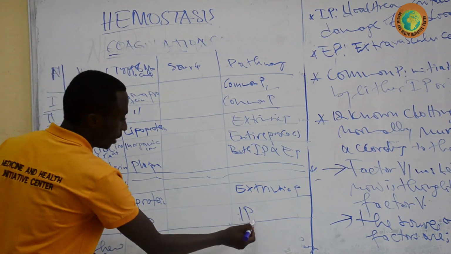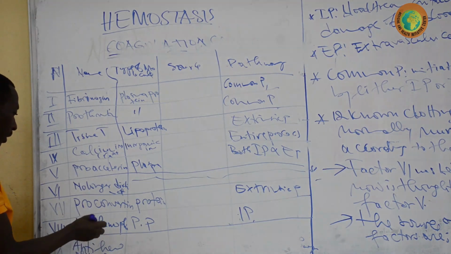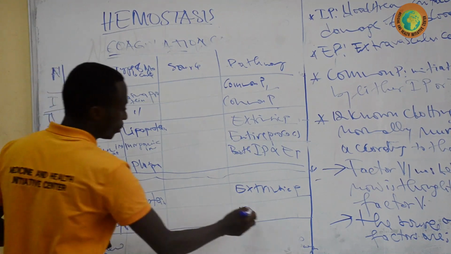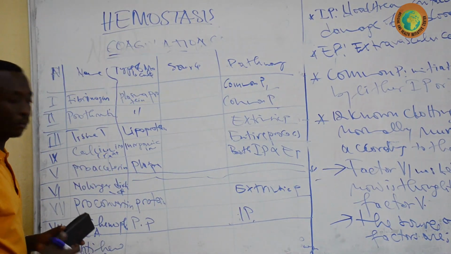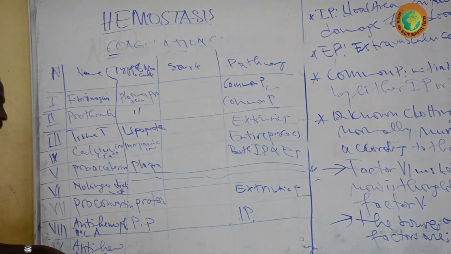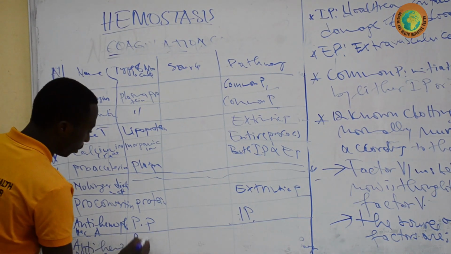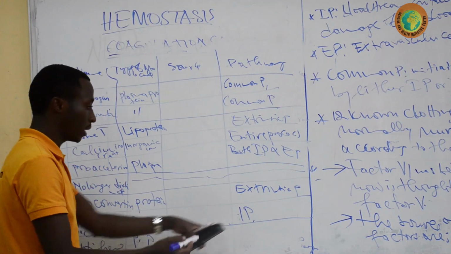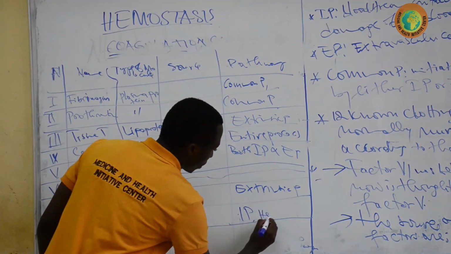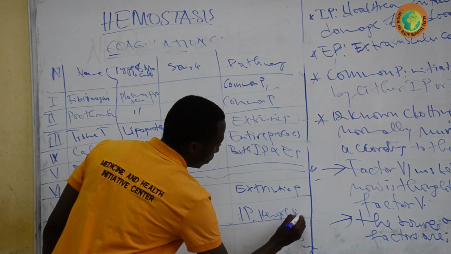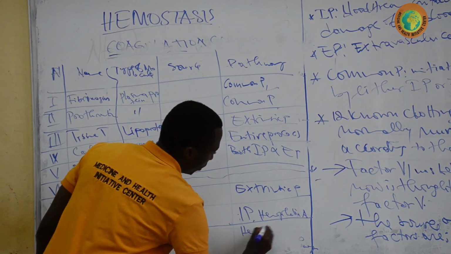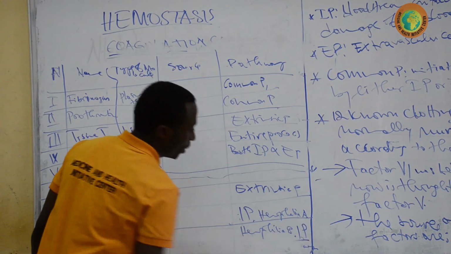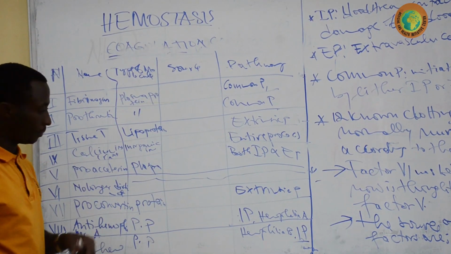You have to remember that the deficiency of anti-hemophilic A leads to hemophilia A, while the deficiency of anti-hemophilic B, which is a plasma protein, leads to hemophilia B. It is also functional in the intrinsic pathway.